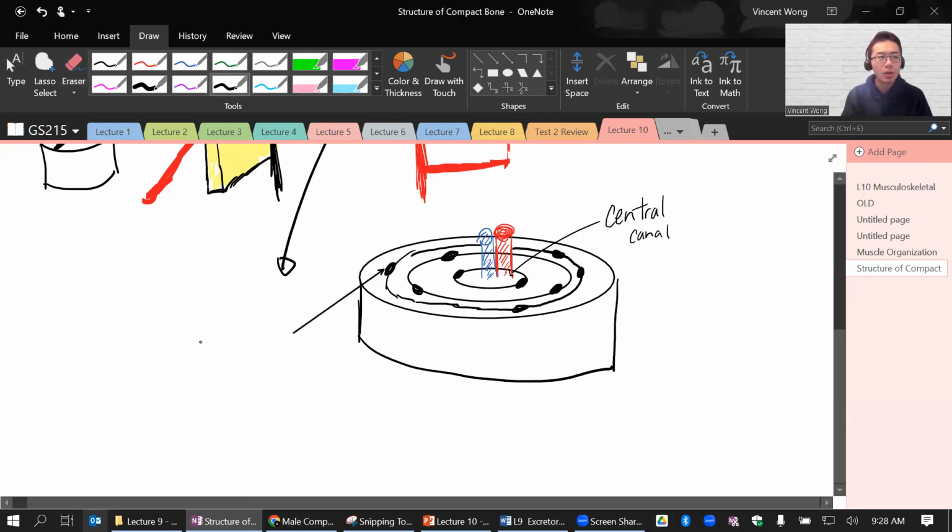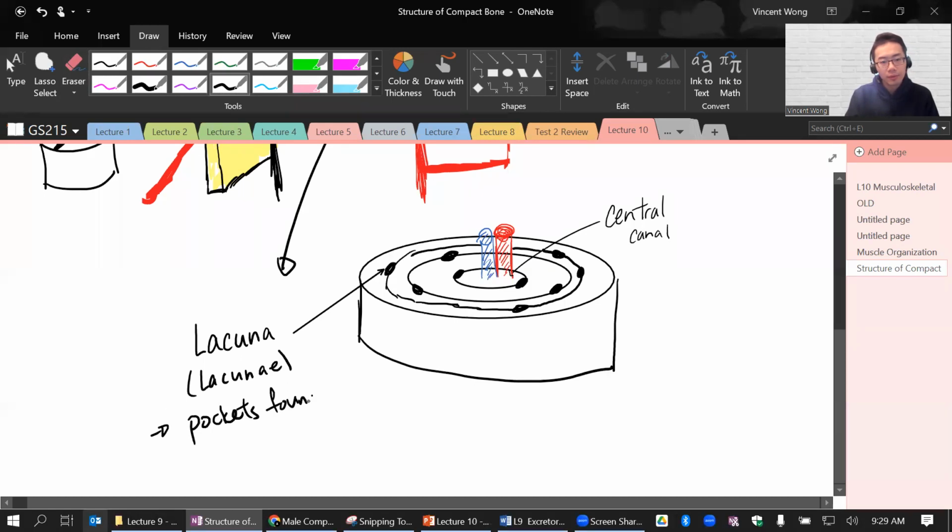Okay, so that's called a lacuna. Plural is lacunae, with an E. So these are pockets found throughout the osteon.